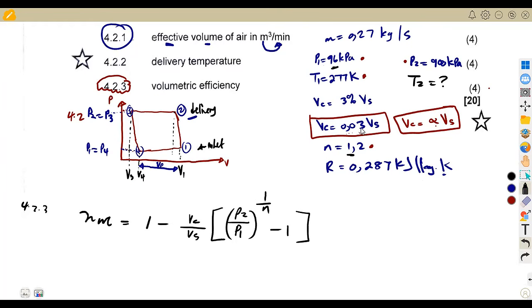For VC over VS, we have got a ratio that we're given. VC is 0.03 of VS. So even if we substitute in terms of VS, it's going to cancel because we've got VS here. That's why I'm saying this formula is valid.